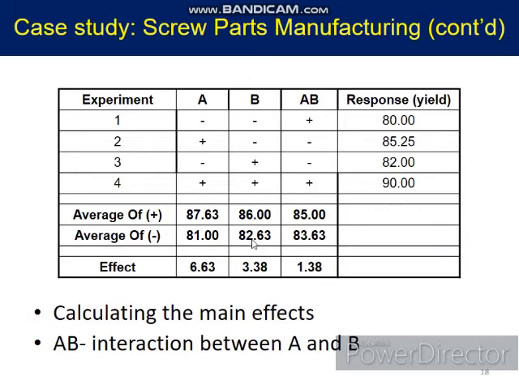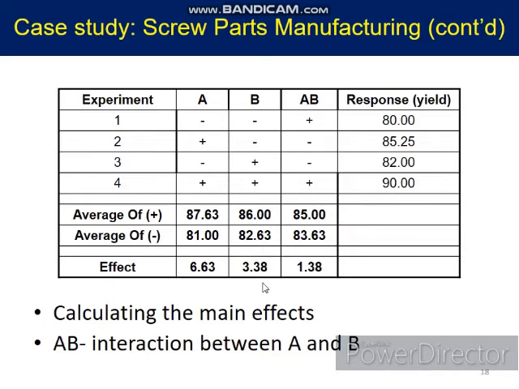As you change the spindle speed from low to high, you will increase the yield by 3.38%. And the interaction factor is 1.38%. So based on this, you can tell the effect of each factor and interaction on the output response, which is yield.